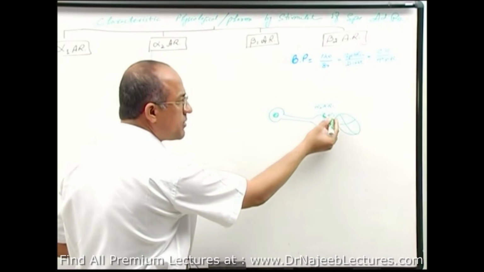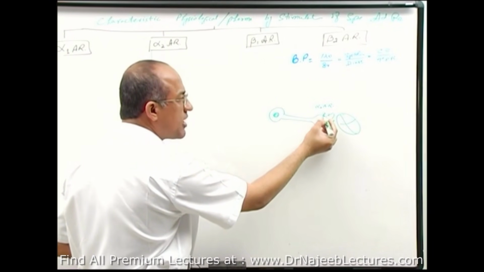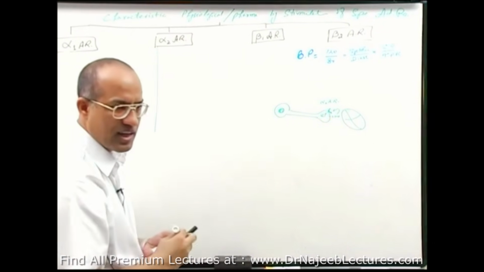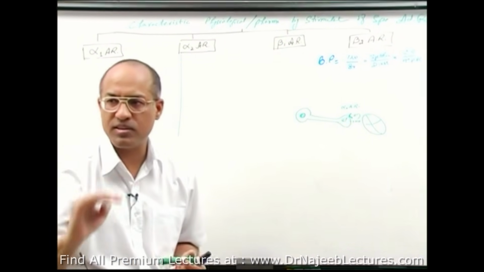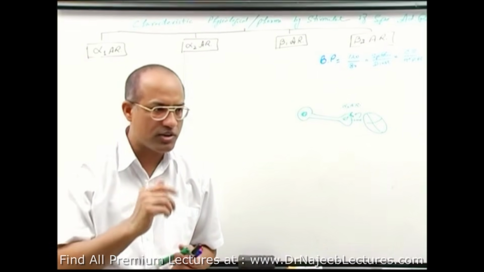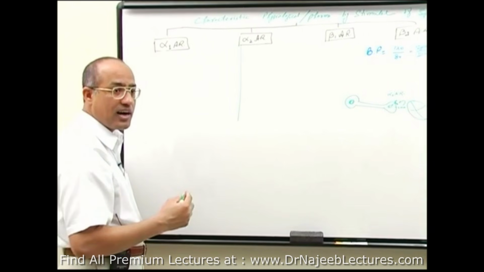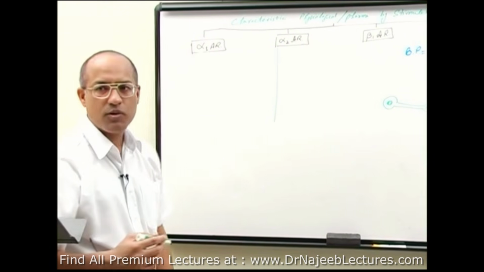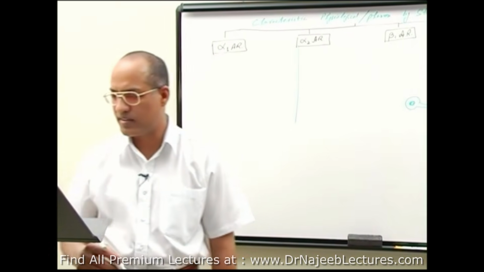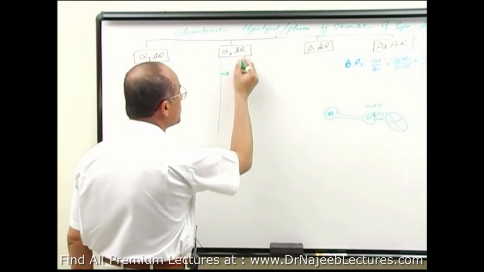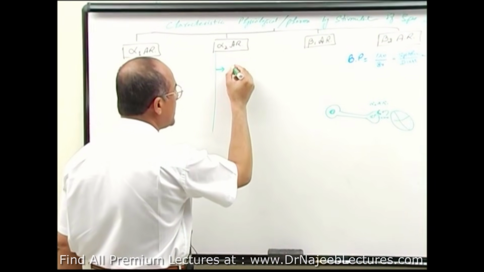And when norepinephrine stimulates the presynaptic alpha 2 receptors, they inhibit the nerve ending function, and further release of norepinephrine is inhibited. So alpha 2 receptors which are present presynaptically are release inhibitors for sympathetic nerve endings, right?